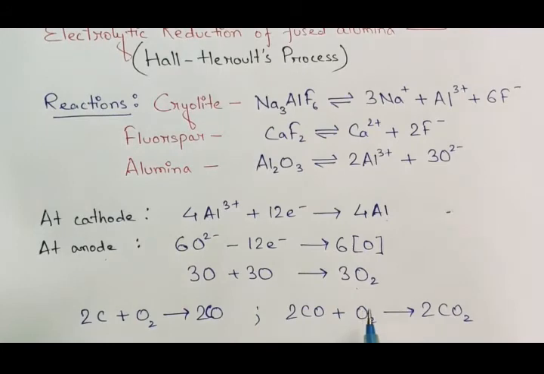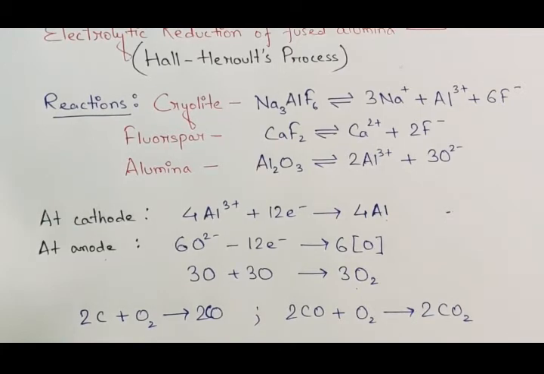The freshly prepared oxygen combines with the graphite to form carbon monoxide, and this carbon monoxide again gets oxidized in the presence of oxygen to form carbon dioxide. So the anode has to be replaced from time to time as it gets oxidized by the oxygen evolved at the anode. Clear? In this way, the pure aluminium metal gets extracted from its ores.